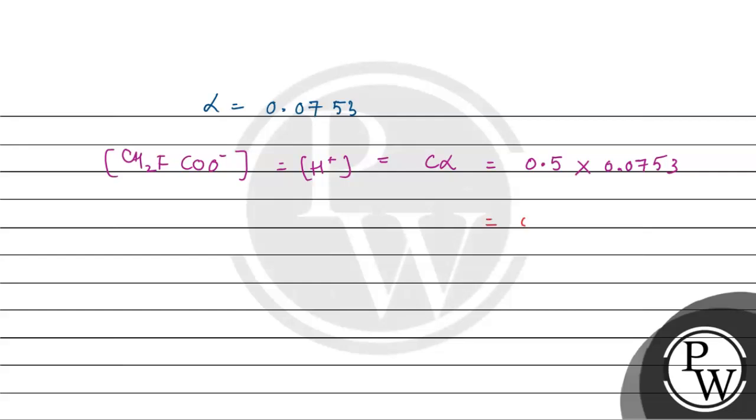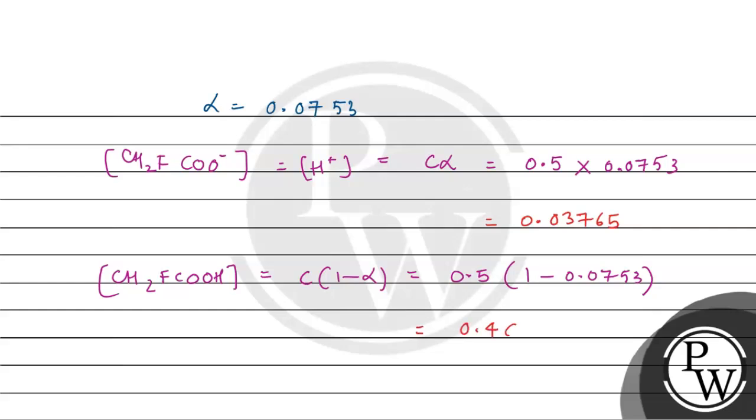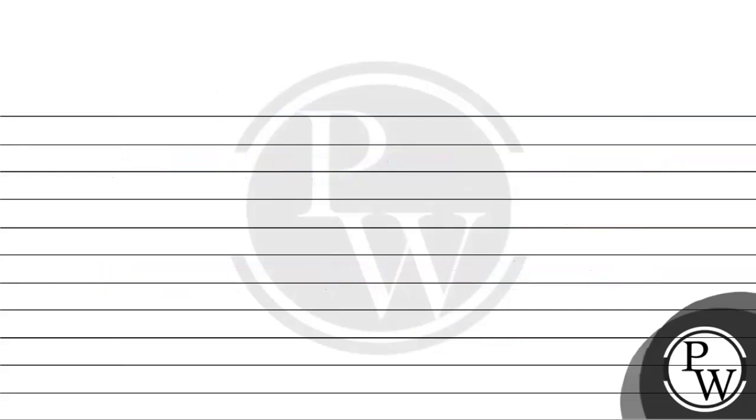So C alpha comes out to be 0.03765, and the concentration of CH2FCOOH is equal to C into 1 minus alpha. So this will become 0.5 into 1 minus 0.0753. If we calculate this, it comes to 0.462.